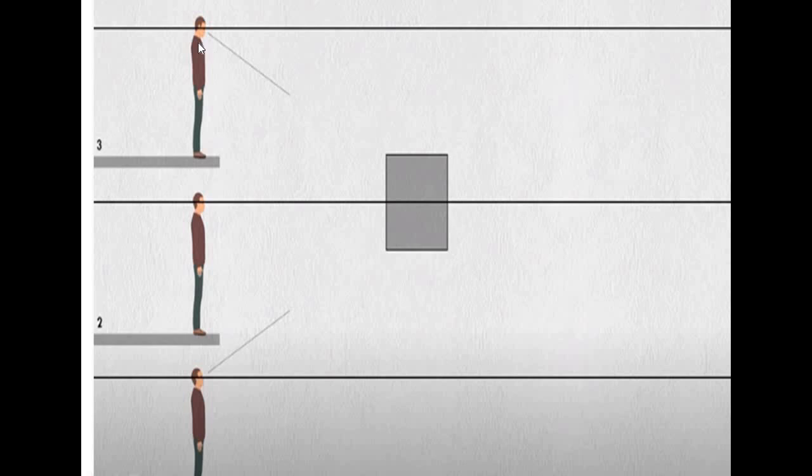And take the third example, if the person has to see the object below the horizon line, then he can see only the top of the object. See, below this is the horizon level, he is seeing the object below, so he can see the top parts of the object.